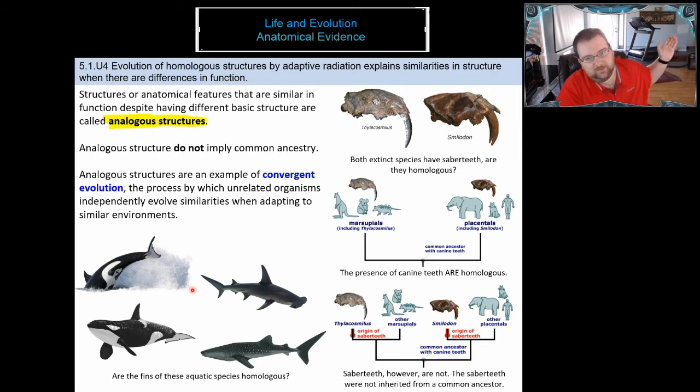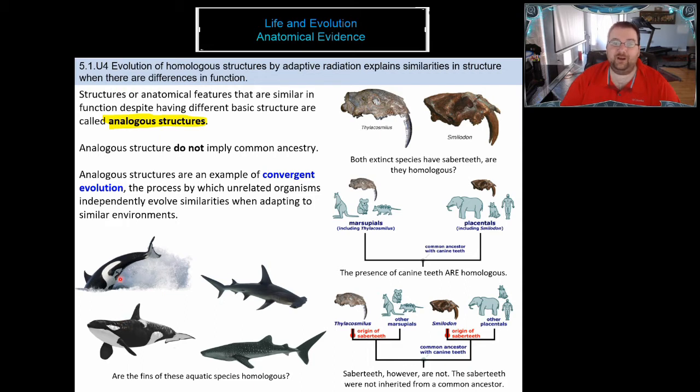We learned about that already, right? So if you go really far back in time, of course they have a common ancestor. But did that common ancestor between the two also have fins? No, it did not, right?